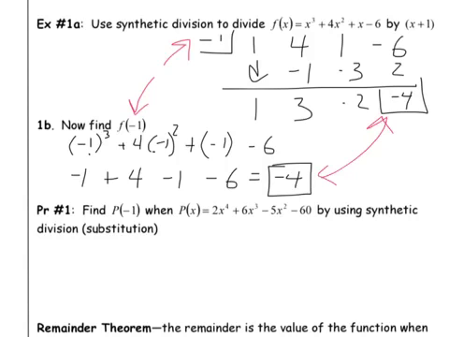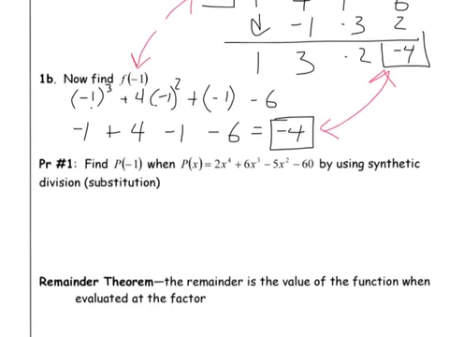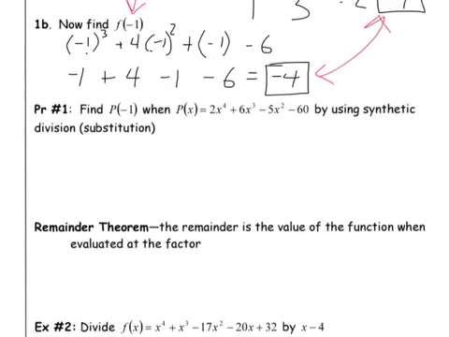Coincidence? I think not. If we use synthetic division, the remainder will actually equal the same thing here. So what I want you to do is find p of negative 1 not by plugging it in here, but instead by using what we're going to call synthetic substitution.